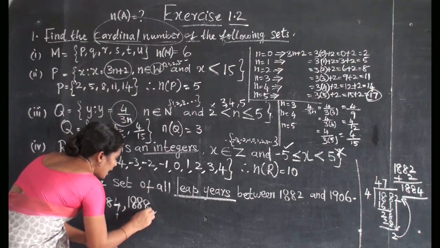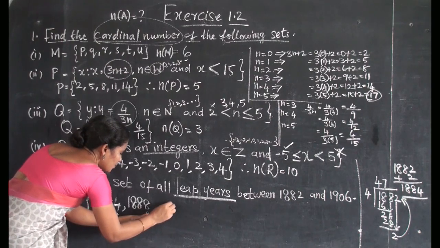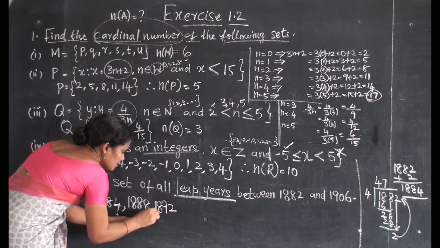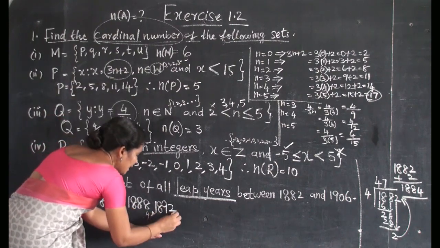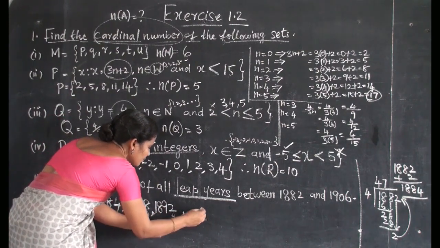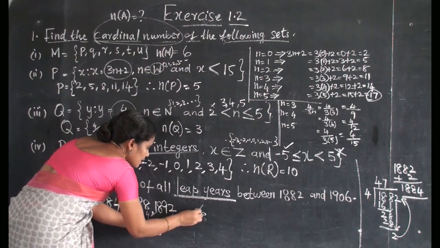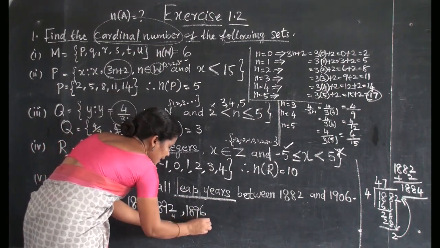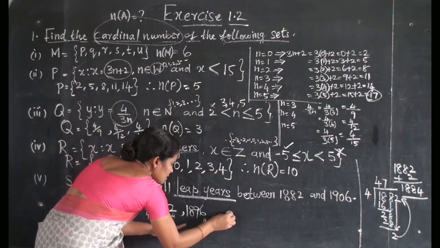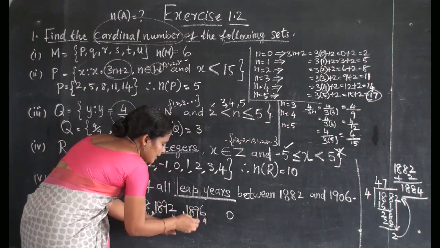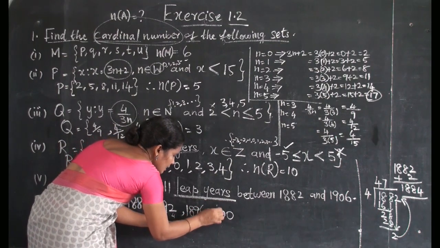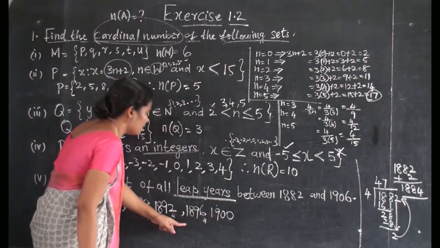Then add 4, we get 1892, then again add 4, we get 1896. Again it continues, add 4, so it is 1900.